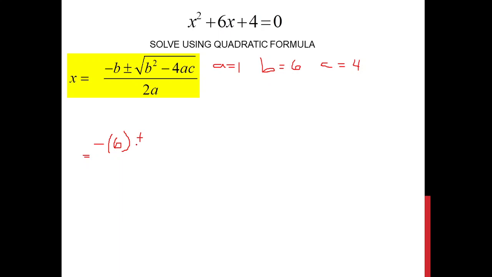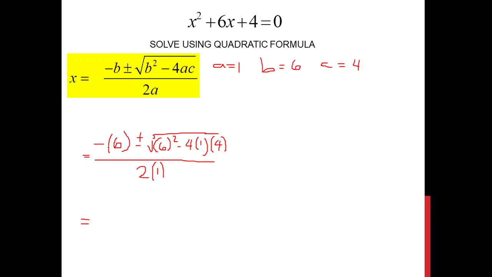Plus and minus the square root of b squared. So you have 6 squared minus 4 times your a, which is equal to 1, and then times your c, which is equal to 4, divided by 2 times a, which is equal to 1. Simplify.